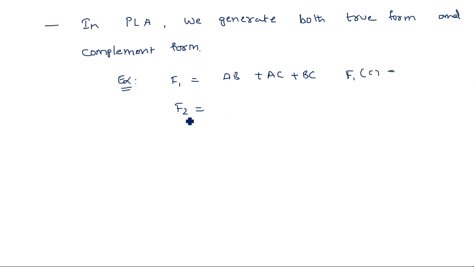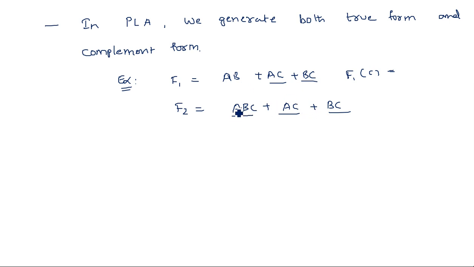And F2 is equal to something like ABC plus AC. The total number of product terms is 6.